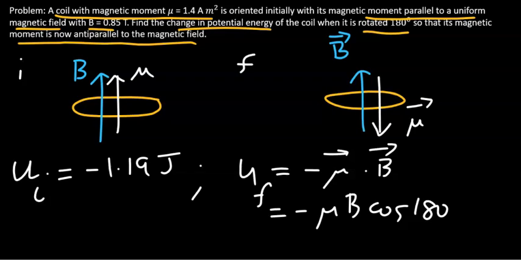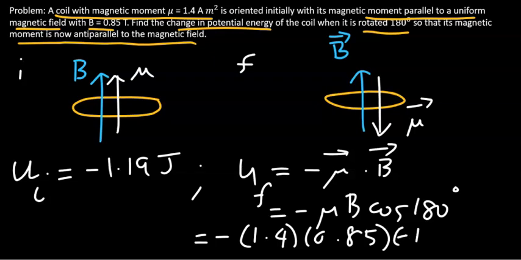In this case, now it's 180 degrees. Mu is 1.4. The value of B is 0.85. Cosine 180 is minus 1. And the answer is positive 1.19 joule.